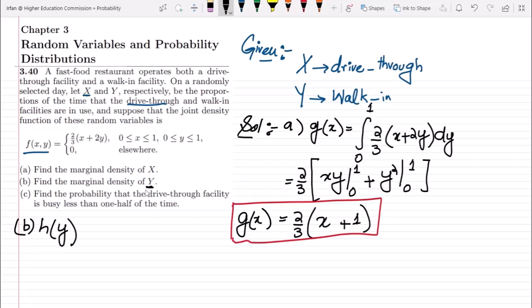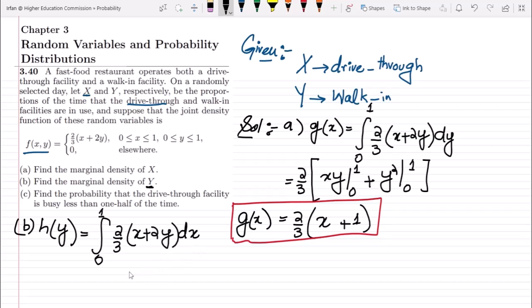Using the same integration from 0 to 1 for the values of x, writing the same function, x plus 2y.